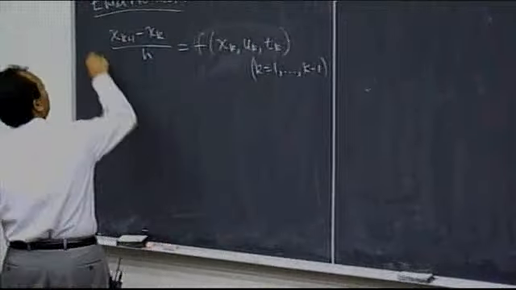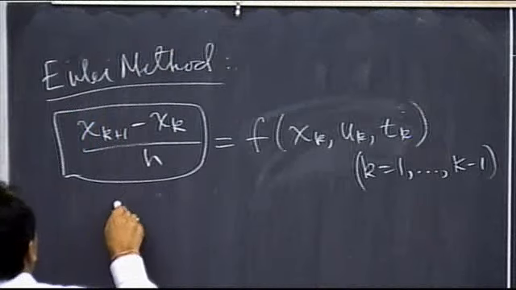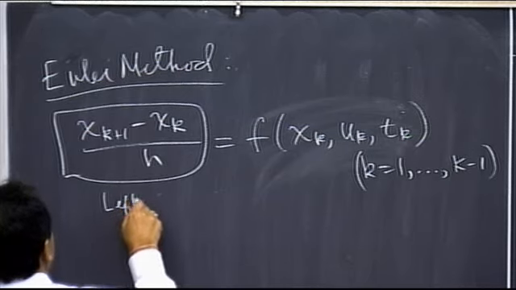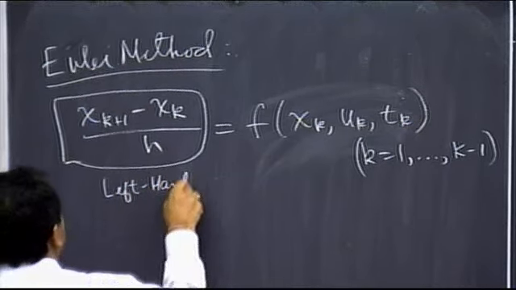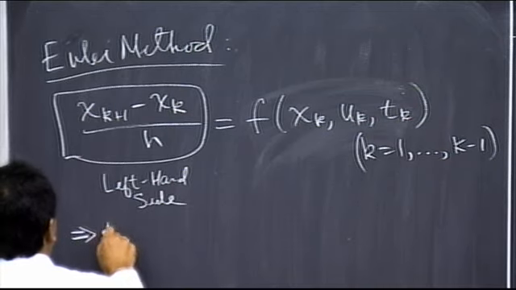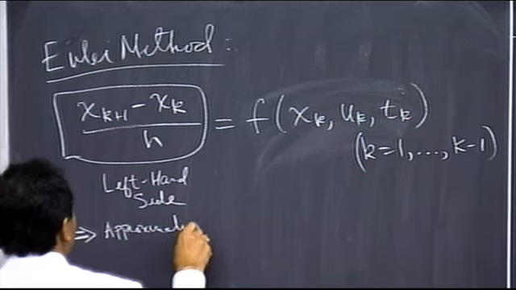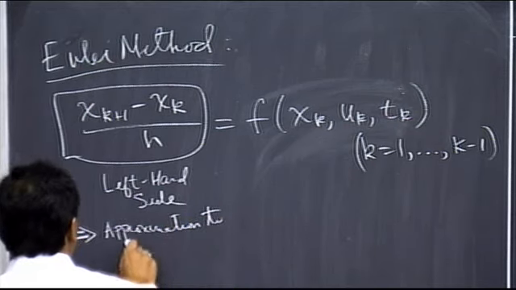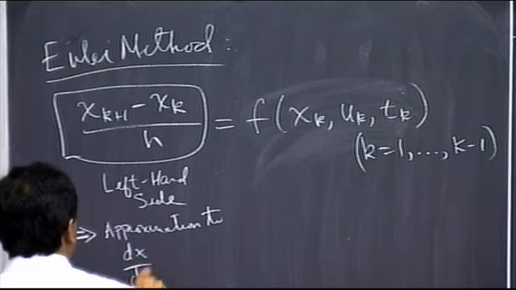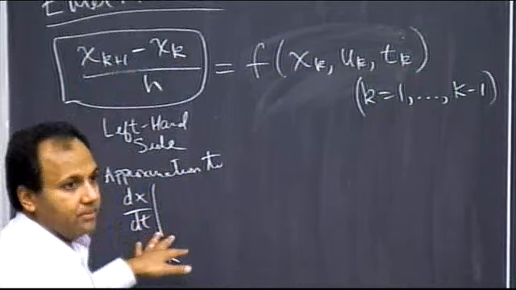What is this right here? This is the left-hand side. And it's an approximation to dx/dt evaluated at t_k. That's what this is, right?